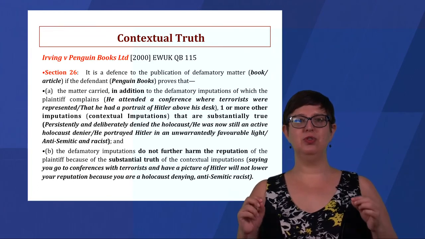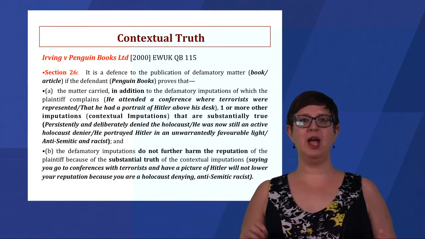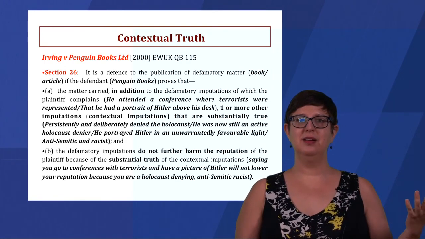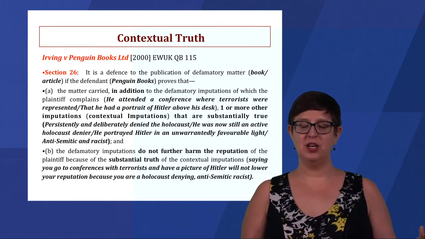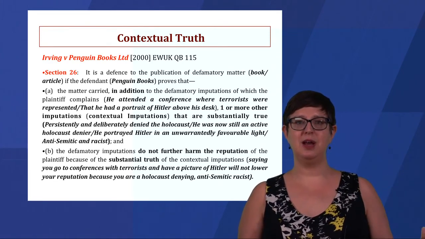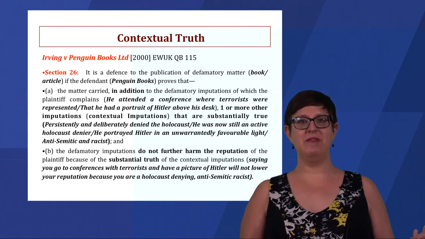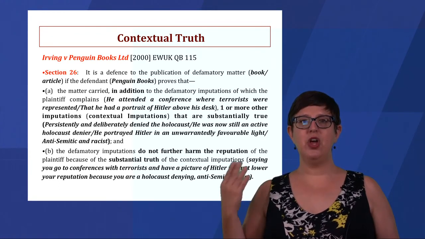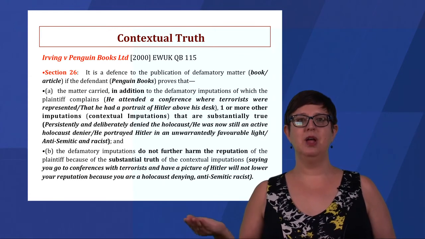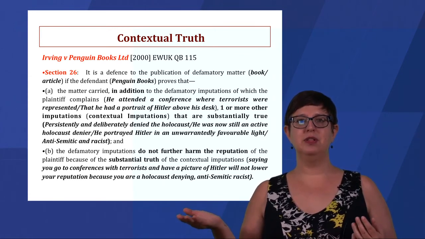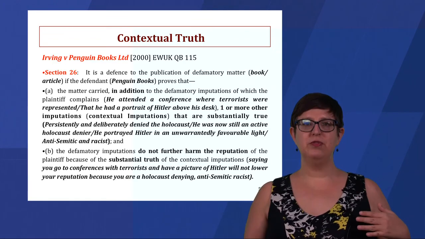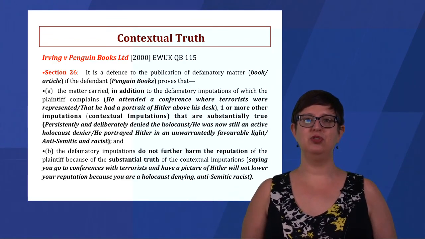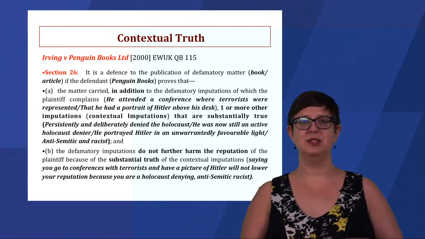Then you have to go through to a third step and look at, do the defamatory imputations, the ones Irving identified, he attended a conference with terrorists and that he had a portrait of Hitler above his desk, do they further harm the reputation of the plaintiff because of, or do they not further harm the plaintiff's reputation because of the substantial truth of the contextual implications?